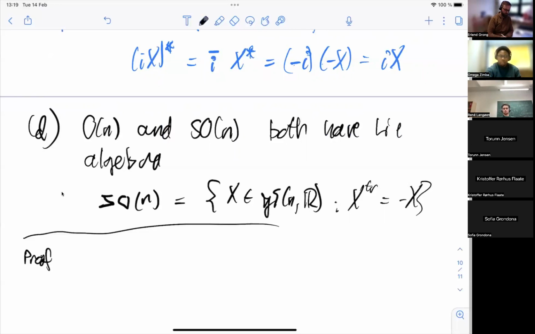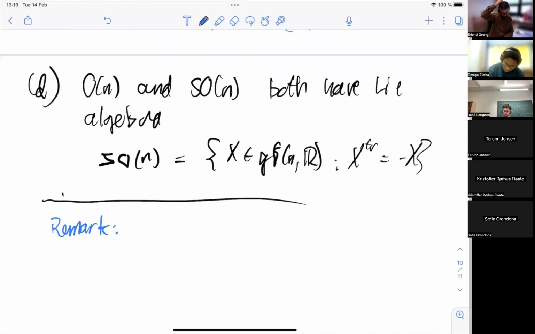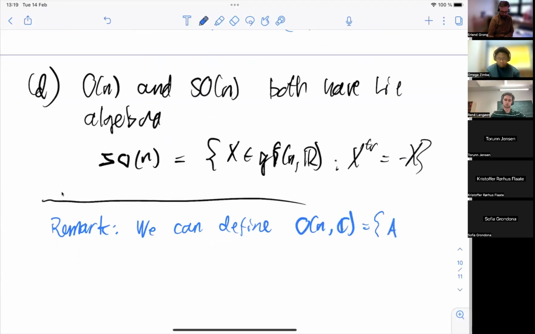Yes, this is a good question. So it does actually work. Remark: we can define O(n, C), which are all matrices A with A transposed times A being equal to the identity, but with complex numbers.